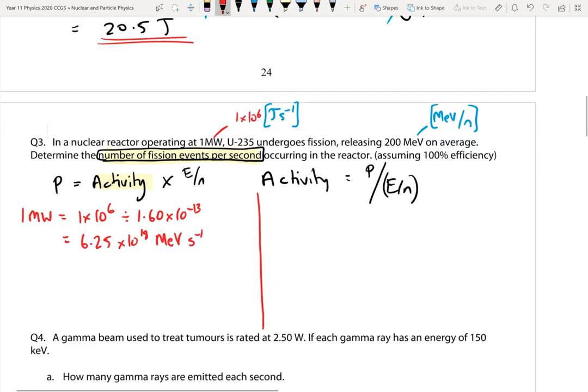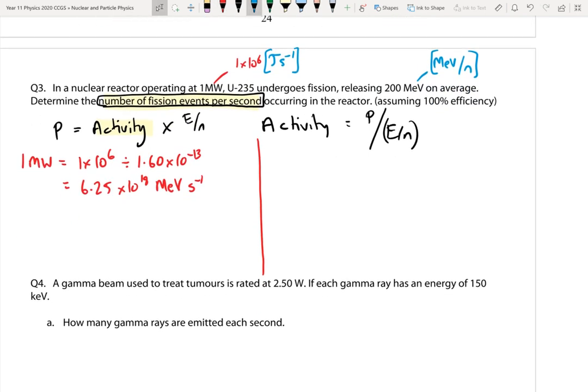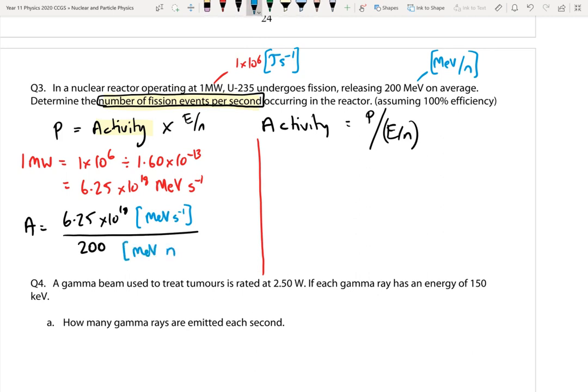It's a lot. So now, let's check our equation. Activity equals power, 6.25 times 10 to the 18 MeV per second, divided by energy per event, which is 200 MeV per N. I'm going to run out of room here, but look at my dimensional analysis now.